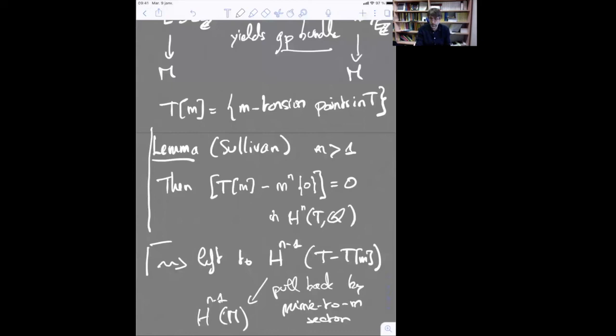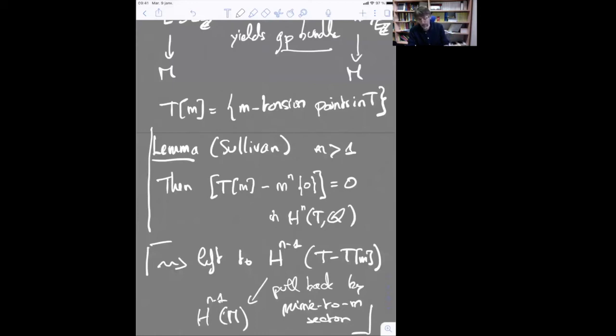So this gives a machinery to produce cohomology classes as long as you have a tori bundle over some base. And for example, you can take as the base the moduli space of lattices with a quadratic form.